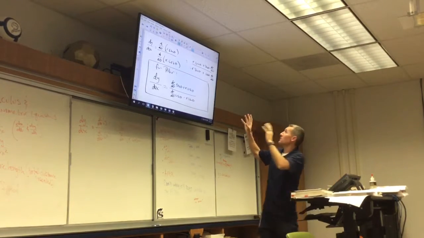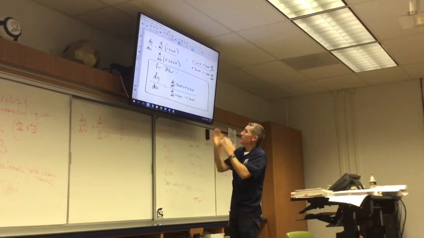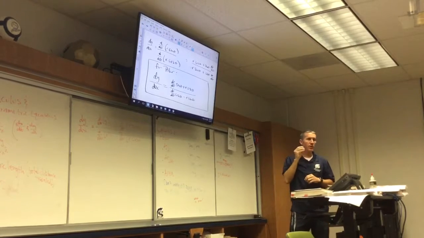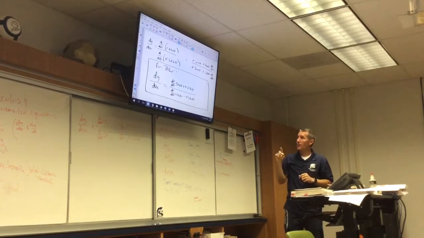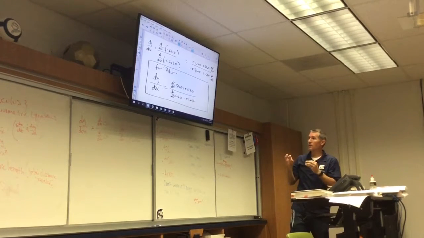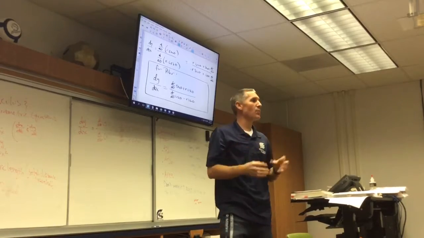I'm just rearranging that numerator and that denominator to have the dr d thetas come first. So it's just dr d theta times sine theta plus r times cosine theta, divided by dr d theta times cosine theta minus r times sine theta. And this is dy dx.